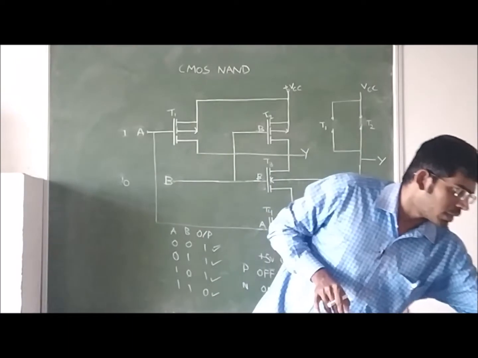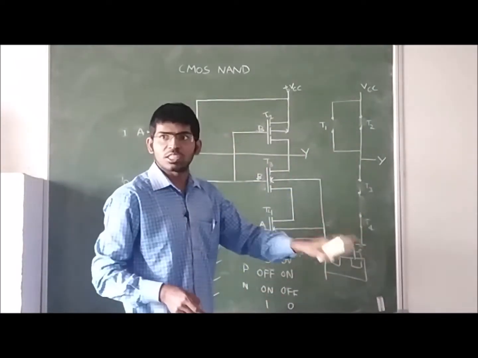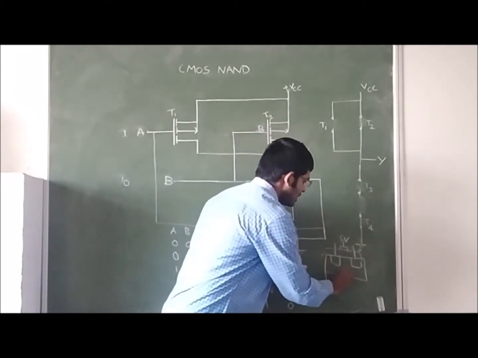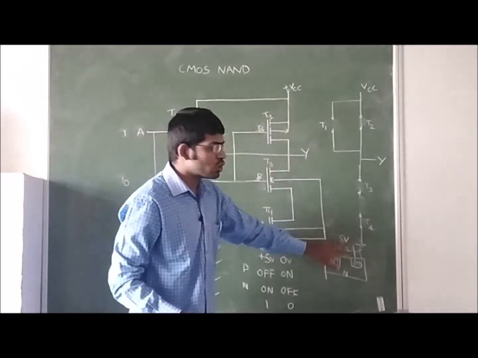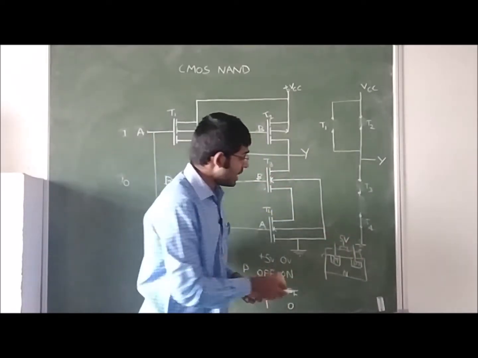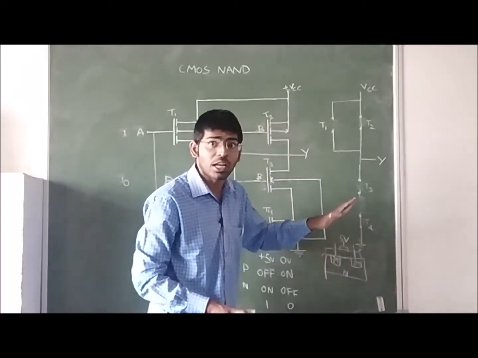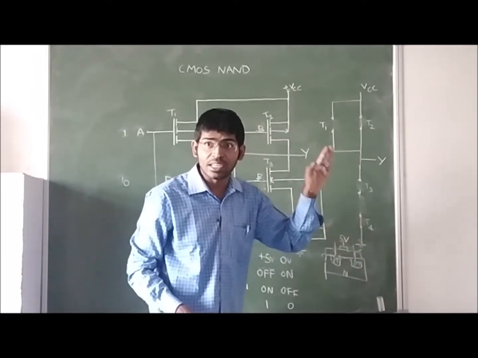If you remember the PMOS operation, if we give the 5 volt supply to the PMOS, here the substrate in the PMOS is N, with P plus regions. If we give the 5 volts to the PMOS, then a positive charge is induced on the other side, which is reducing the number of holes that are reaching from source to drain, thereby turning it off.